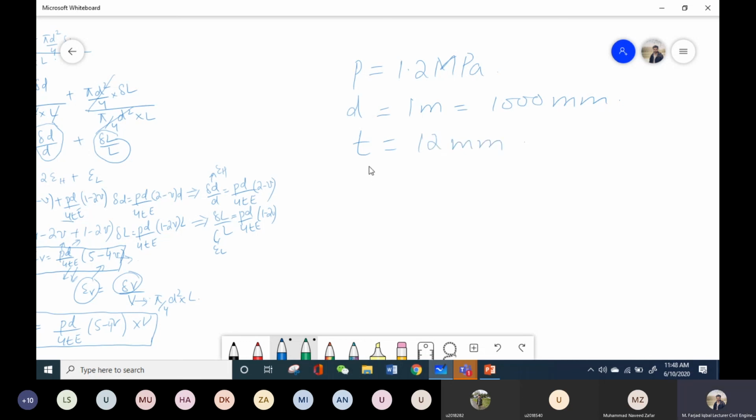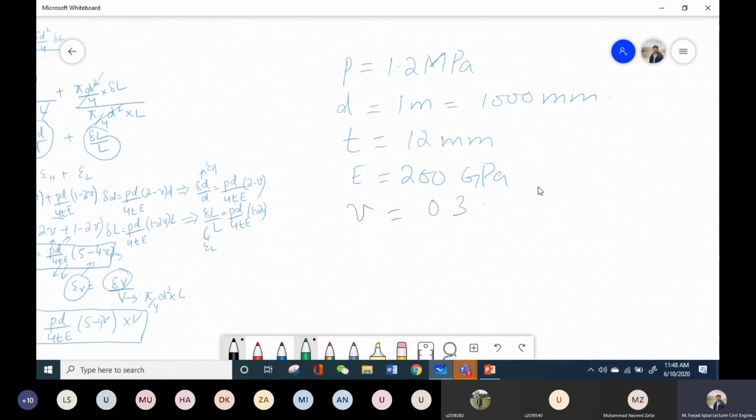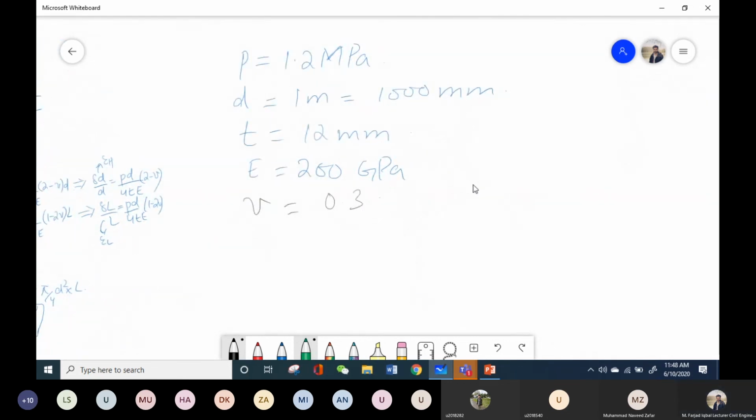E is given as 200 gigapascal and nu was given as 0.3. And we are supposed to calculate the hoop stresses, longitudinal stresses, change in length, change in volume, and change in diameter.